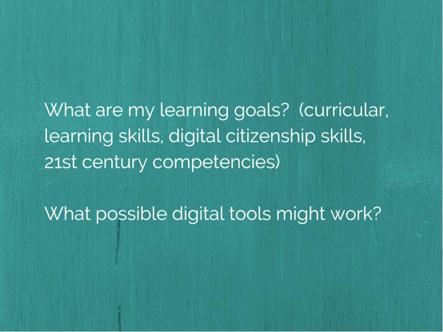And then what tools might work? So for me, as a landing page or the one-stop shop for my kids that they would automatically log into if they were looking for something for my course, I would be looking at choosing between D2L, Google Classroom, or OneNote Class Notebook. Those would really be the three tools for me that might work. I could potentially create a Yammer group for my students with a link to a OneNote, maybe.